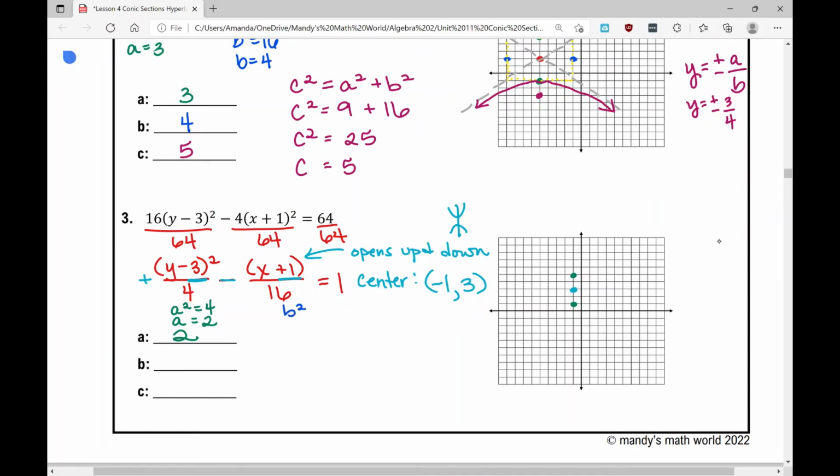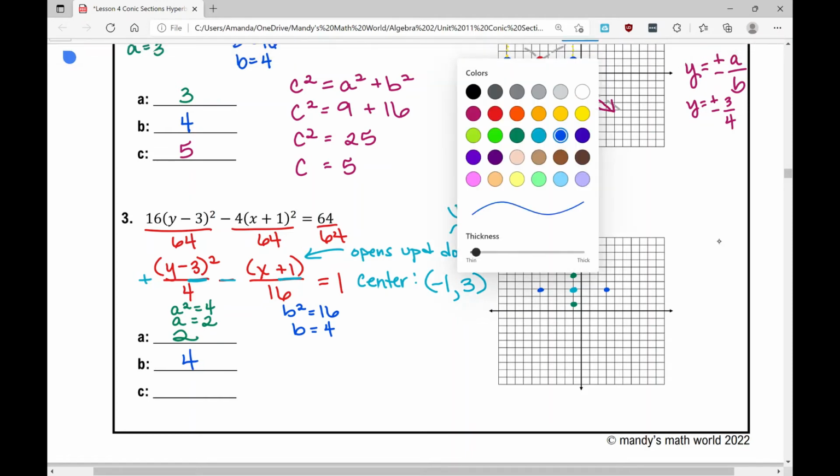Let's find our b value. B squared equals 16, which means b equals 4. B is the distance from the center point to the co-vertex on either side of the center. So I'm going to go out 1, 2, 3, 4 units on either side of that center.